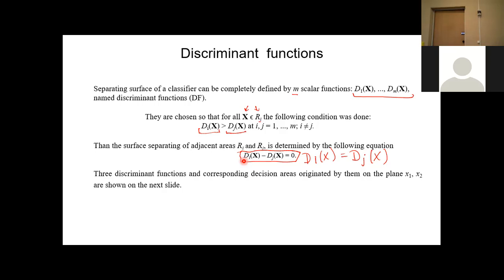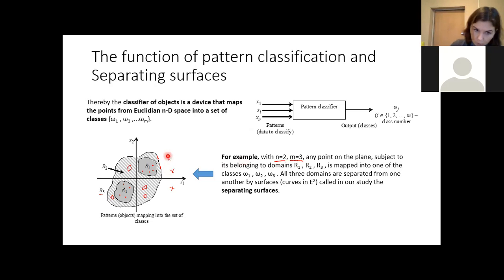They should be the same, so they will be equal for two classes. Because when your object lies directly on this line, it belongs in the same way to the first and the second classes, for example. You could not decide to which class it belongs.